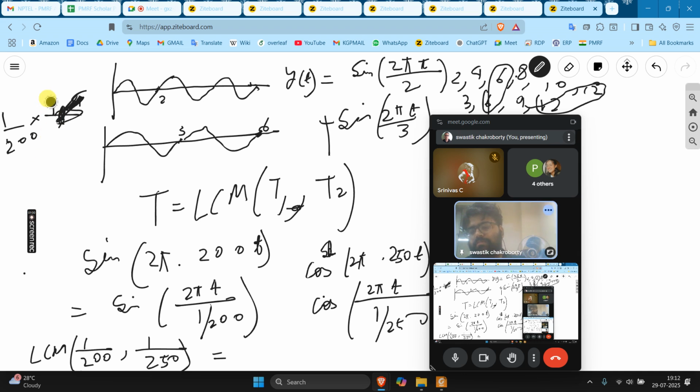So actually, LCM of this and this, like, what is the common multiple? If you reduce them, if you multiply them by say probably 5 maybe. So approximately we are getting 1/100, sir. That's what I was checking in the answers. Yes, HCF will be 200 and this will basically become HCF of 200 and 250. So I think this should be 50 or 100.